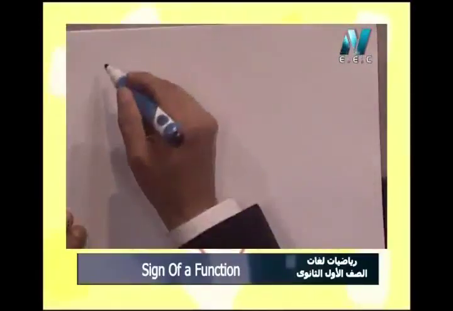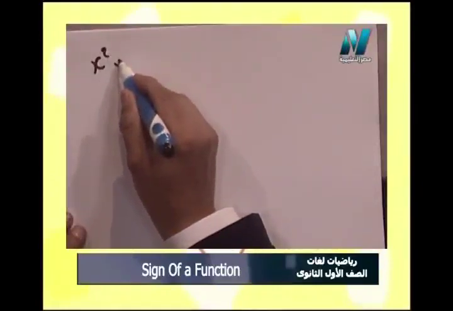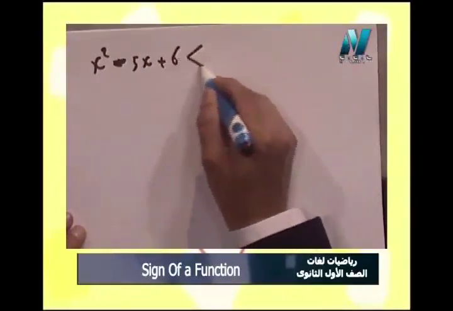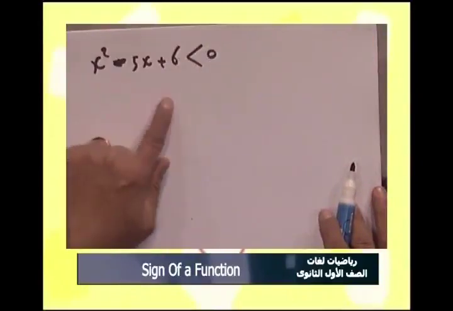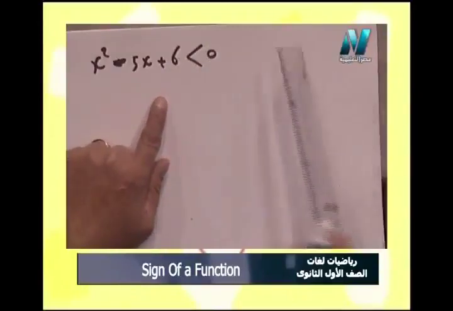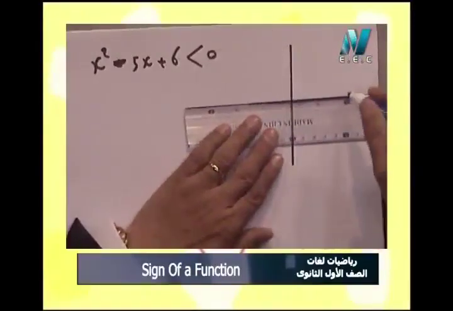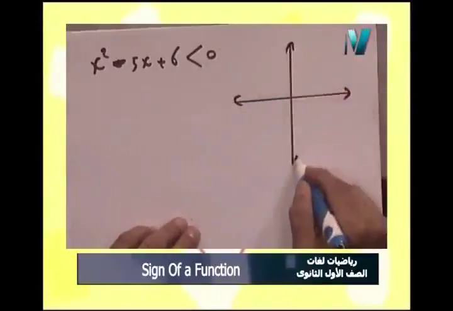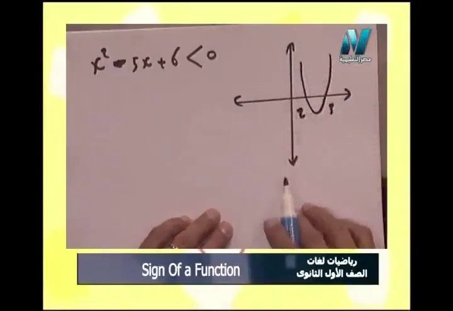If we write the same inequality here, but now x power 2 minus 5x plus 6 less than 0, we want to find the solution set of this inequality. So again, if we draw this function, which we have drawn some moments ago, it will be here at 2 and 3.